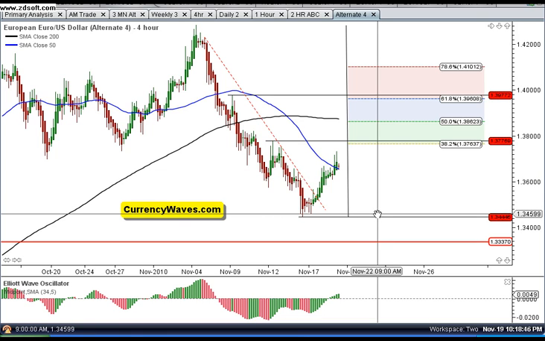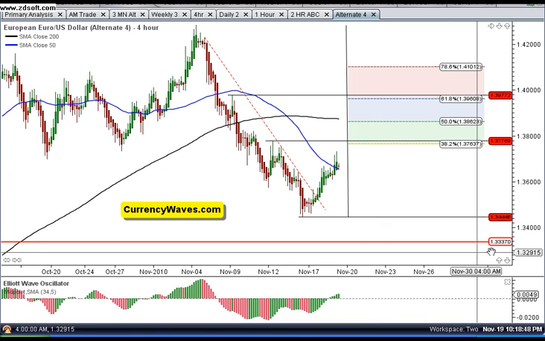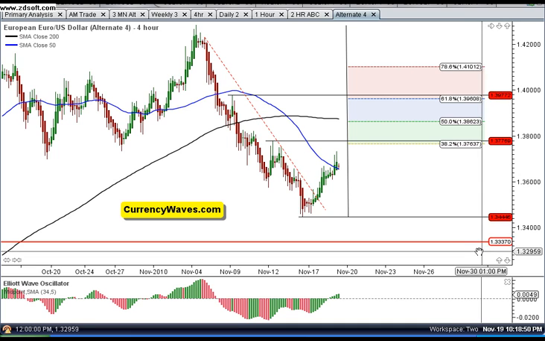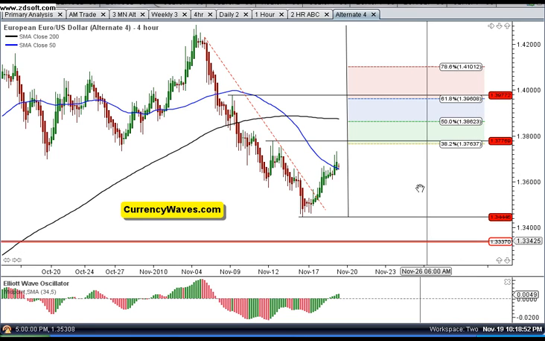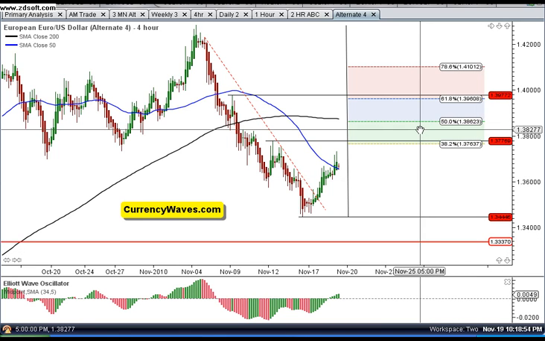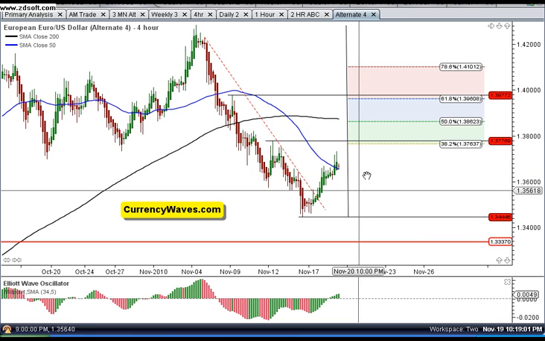If the pullback breaks below the 34.46, you've got some support here at 37.30 that could be tested before moving back up to the 50 again. So careful on the pullback before moving higher.